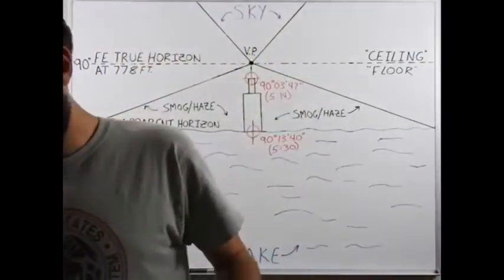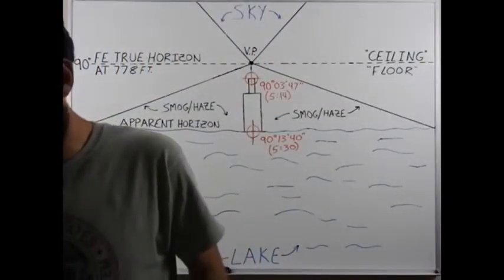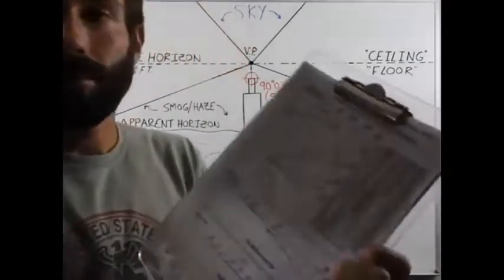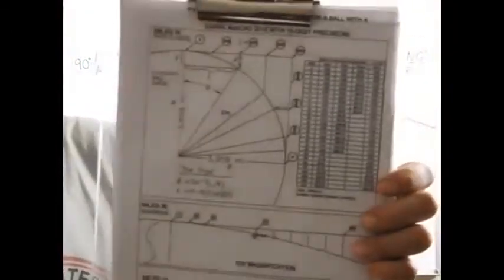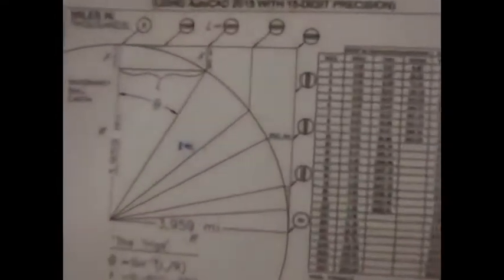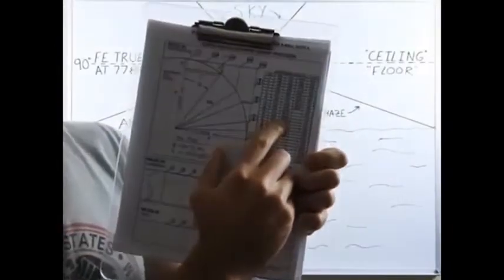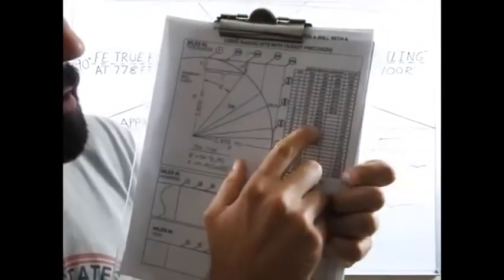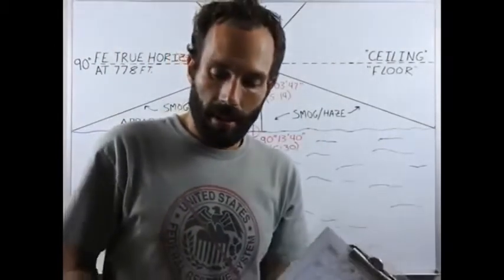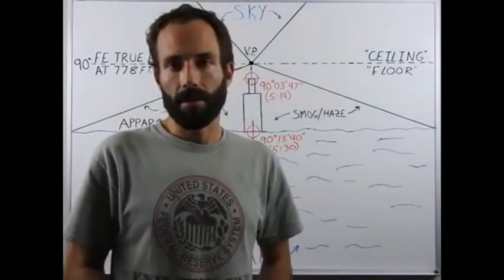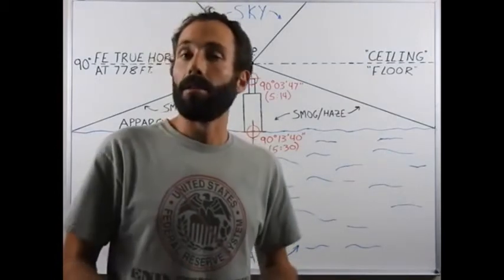Now, to bring back the infamous curvature chart, at 50 miles, the drop from one side of the lake to the other would be 1,667 feet, roughly.